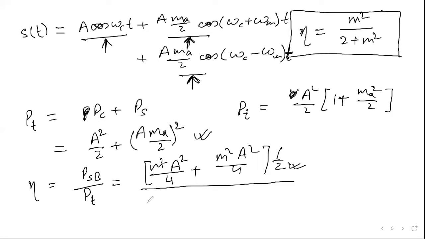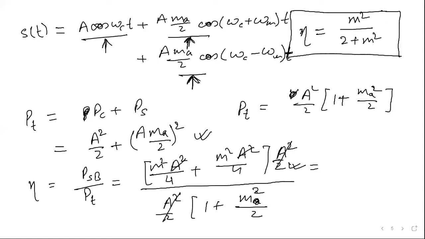And the total power, what we have seen here also, is A square by 2 times 1 plus m square by 2. We are just putting this. A square is taken out. So this is A square by 2, and this A square by 2 has cancelled out.